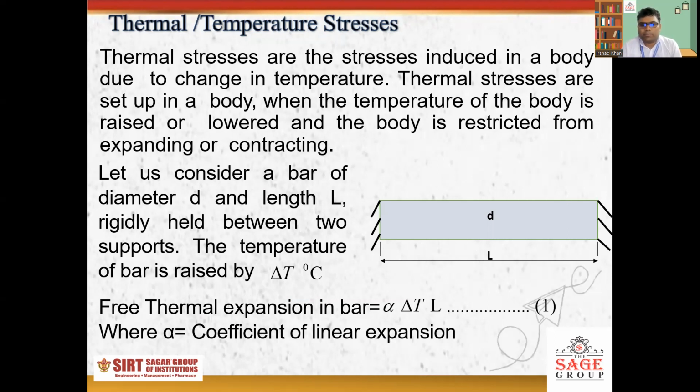The free thermal expansion in the bar can be found with the simple formula alpha delta T L, where alpha is the coefficient of linear thermal expansion. This is the free thermal expansion, if it is not restricted. If you put in the values of alpha and delta T and multiply by L, the bar will expand by this length.